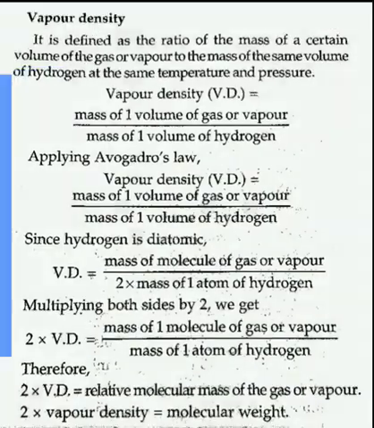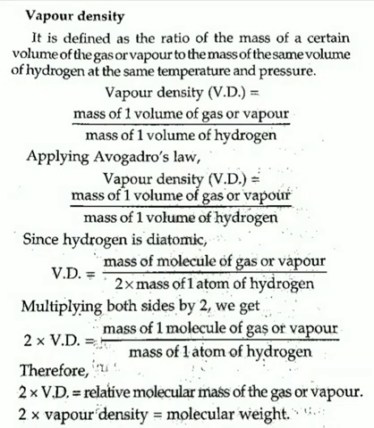Let's see here. Vapor density is defined as the ratio of the mass of a certain volume of the gas or vapor to the mass of the same volume of hydrogen at the same temperature and pressure. Already you know that density is equal to mass per volume.